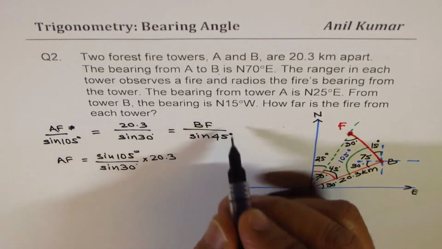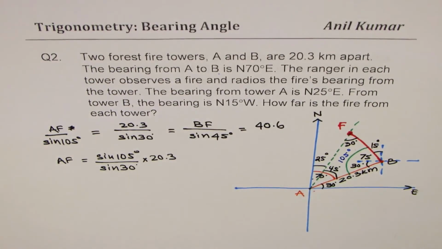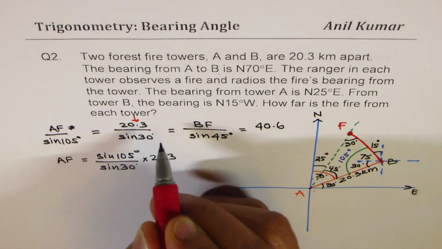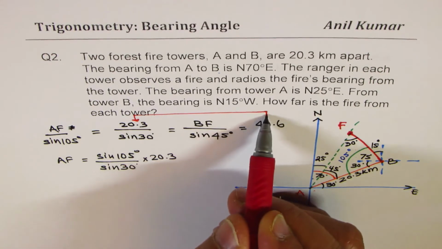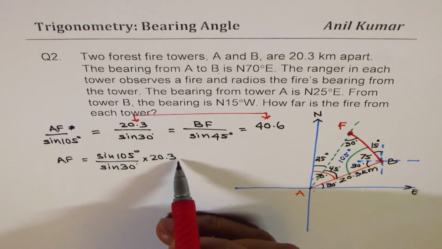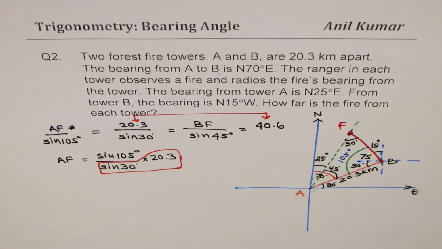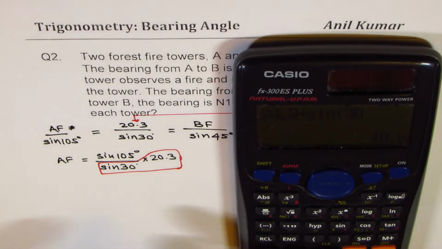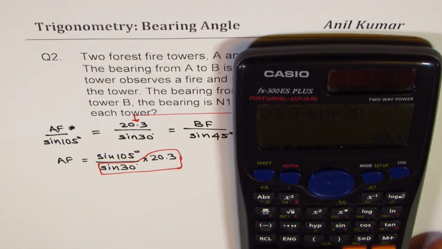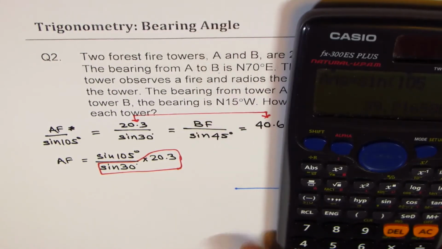So let me write this ratio as 40.6 for easy calculations. We multiply this by sine 105, so 40.6 times sine of 105 equals 39.2.